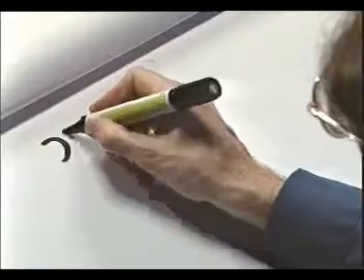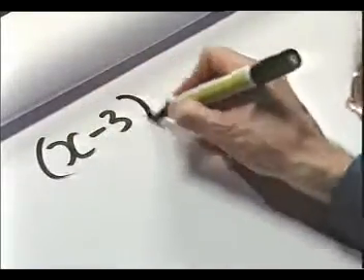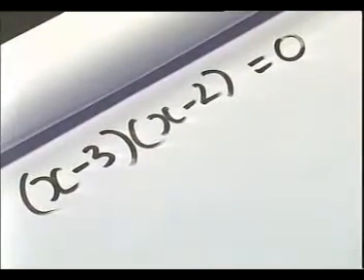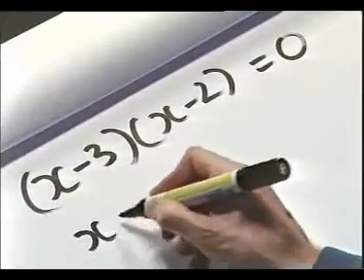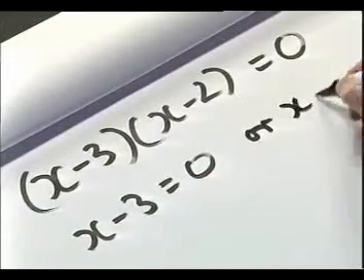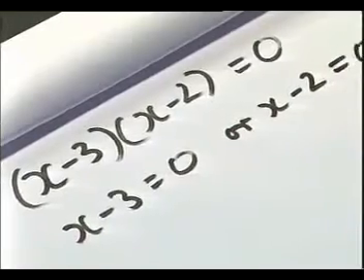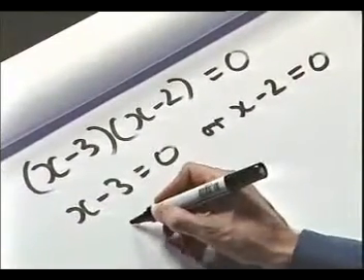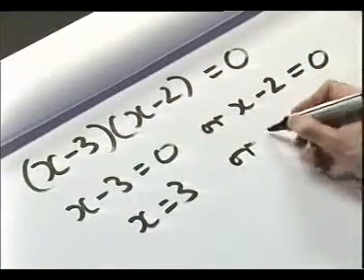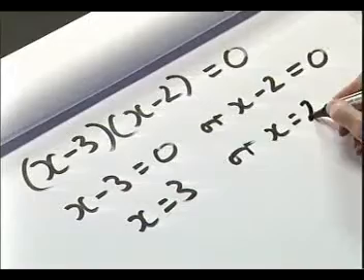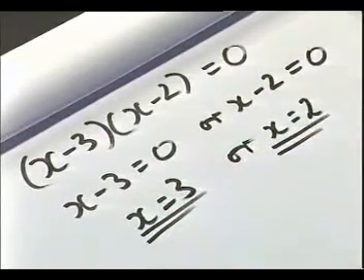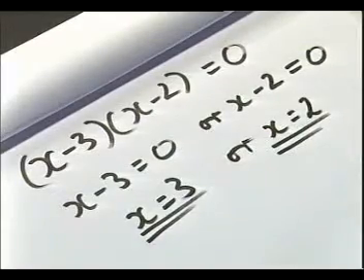So if we just write that down again, x minus 3 times by x minus 2 equals 0, then either x minus 3 equals 0 or x minus 2 equals 0. This tells us that x must be equal to 3, or this one tells us that x must be equal to 2. And so again, we've arrived at 2 possible answers.